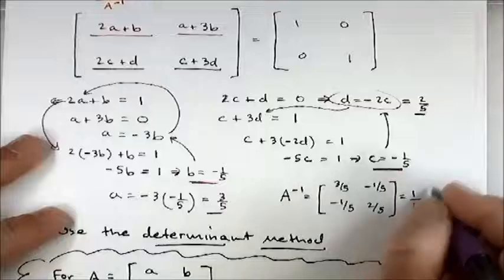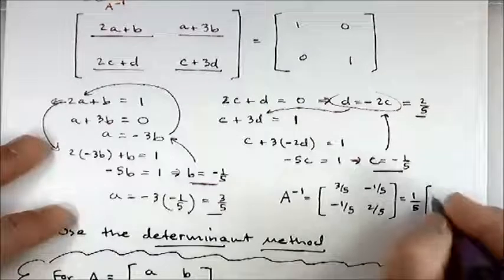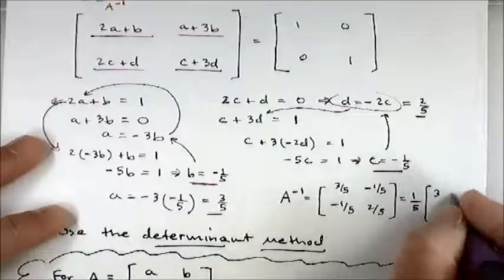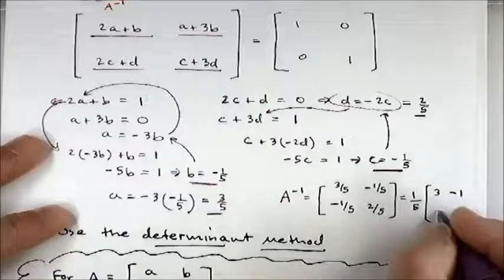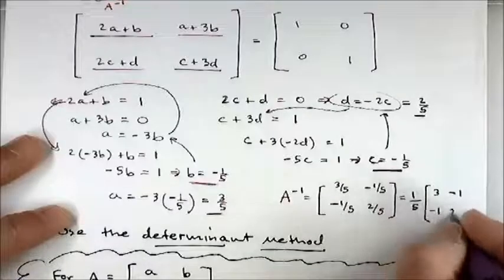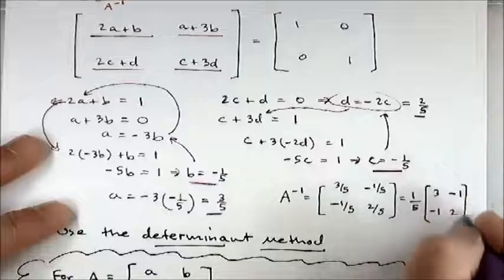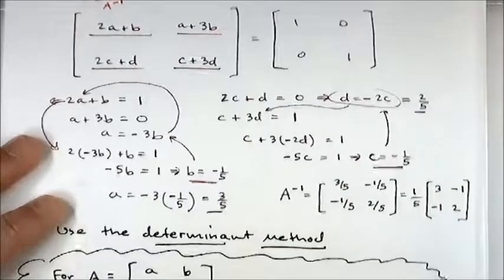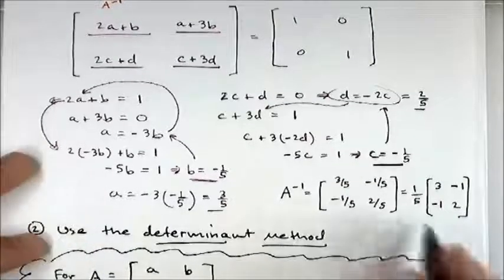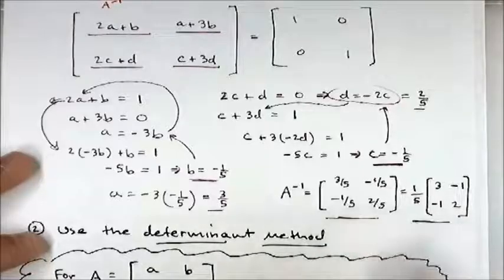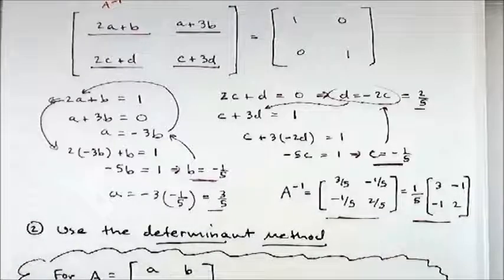If I took out a 1/5 from everybody, this would be 3, negative 1, negative 1, 2. Okay, either way, this is fine or this is fine. Both of those are the inverse. Perfect.